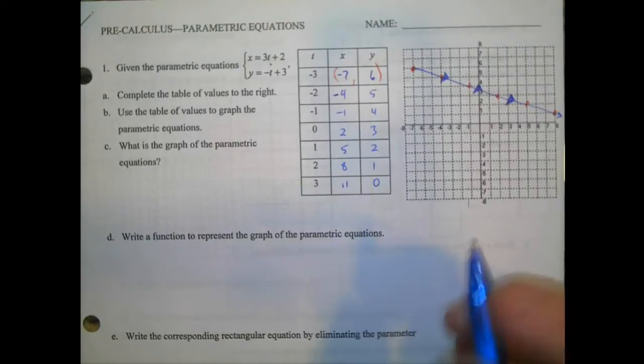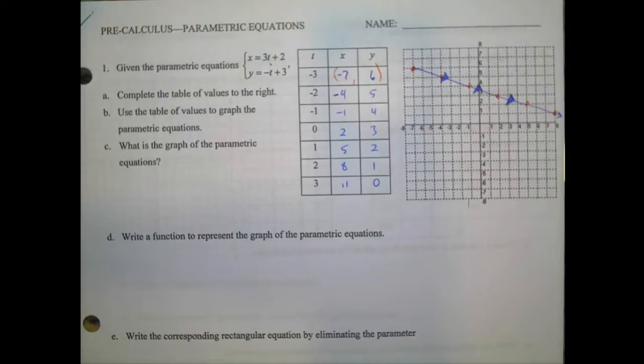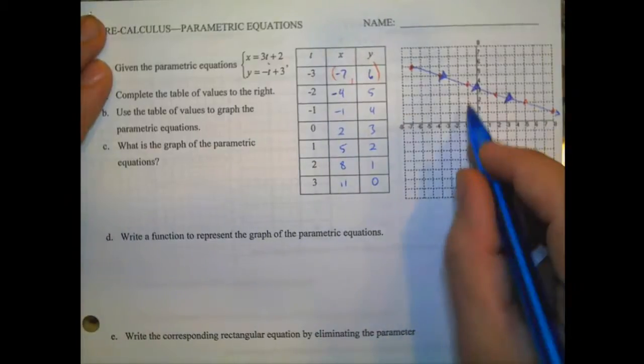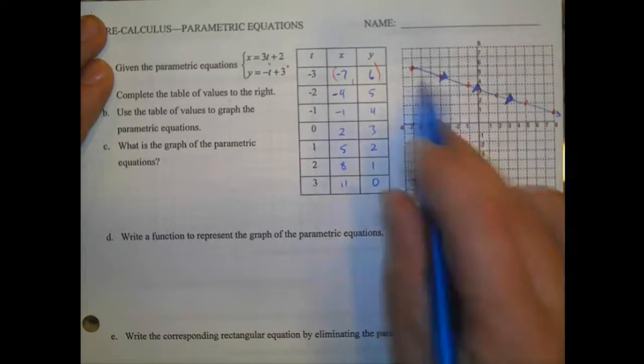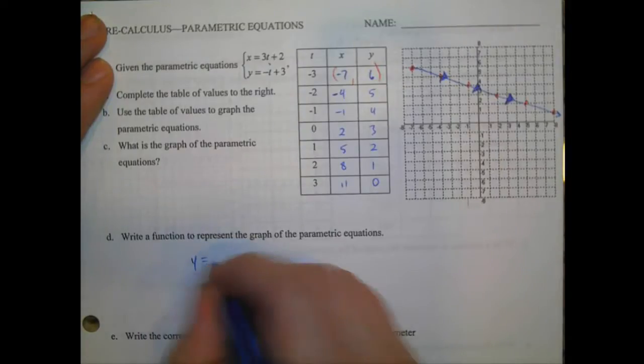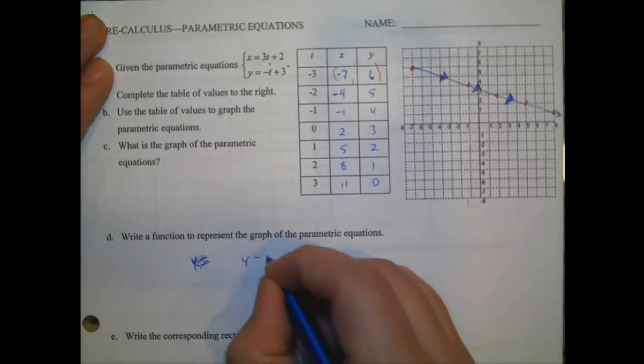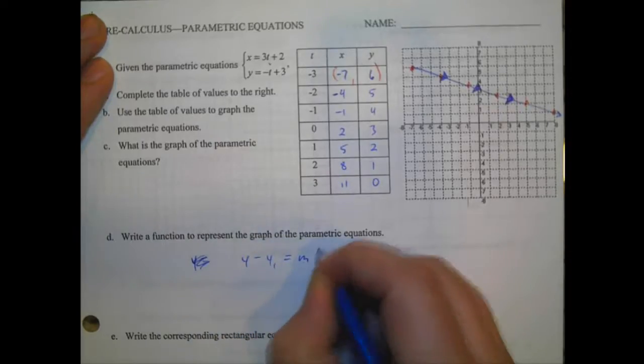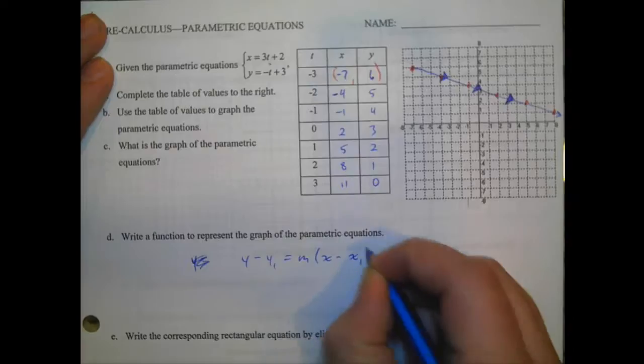All right, write a function to represent the parametric equations. This is essentially just doing a linear function. This is a line. So we can do y equals mx plus b, or even easier, y minus y1 equals our slope times x minus x1. So we know our slope.